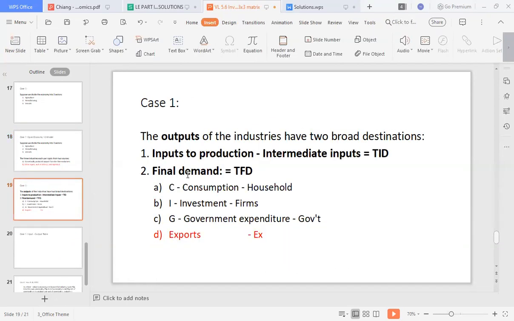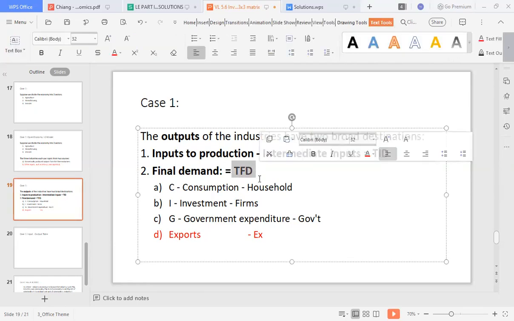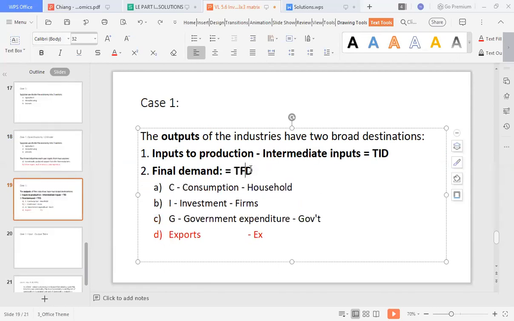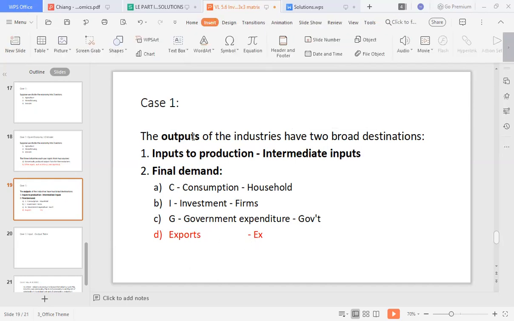Now, in this case as well, the outputs of the industries have two broad destinations. The output, class, can be allocated as an intermediate input or can also be used as a final demand. Let me delete some parts here, and then we'll go back to that. I'll write this one again later. But for now, let's just say that the outputs for each industry could be allocated in two ways.